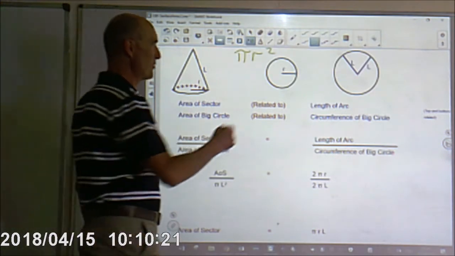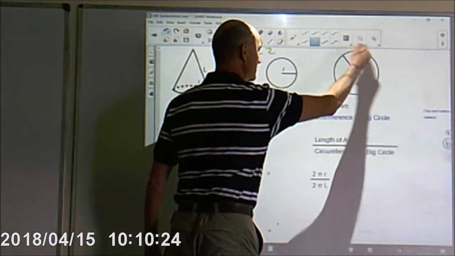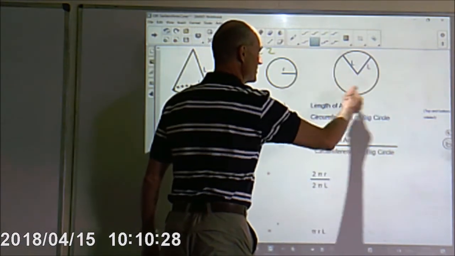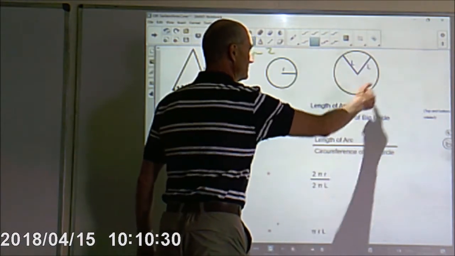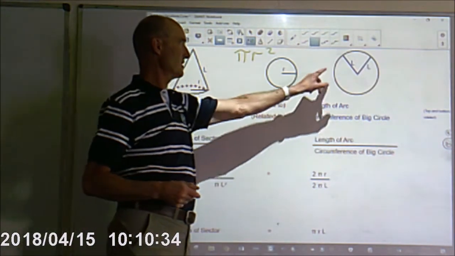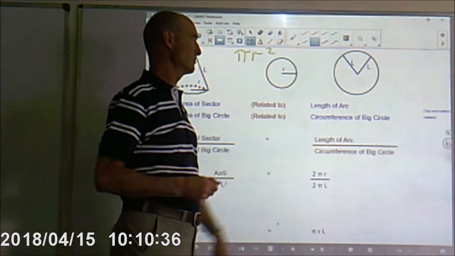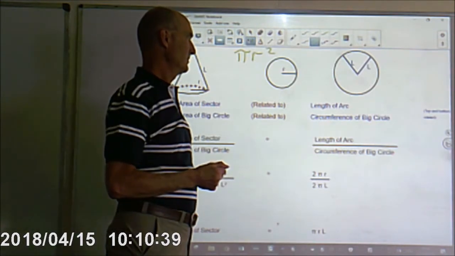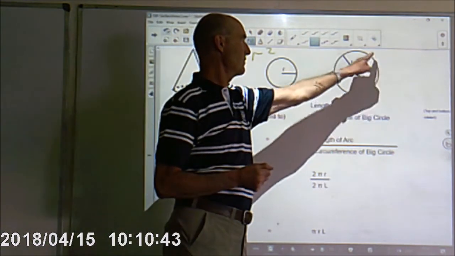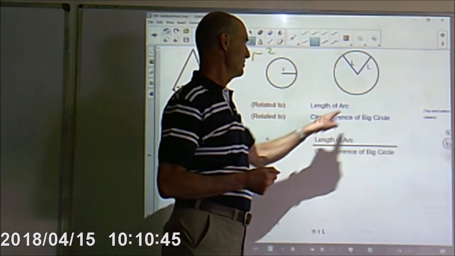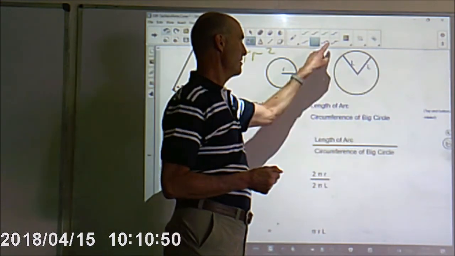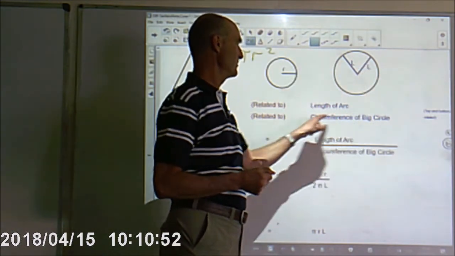Similarly, the area of the big circle, the whole circle, is related to what the circumference is of that big circle. Also, don't forget that the length of that arc also depends on the circumference of the circle. So the length of that arc is just part of that circumference.